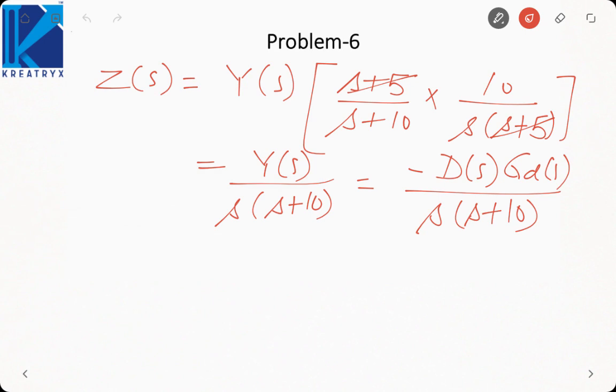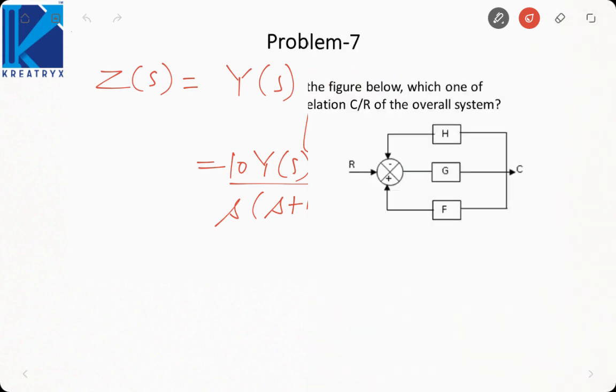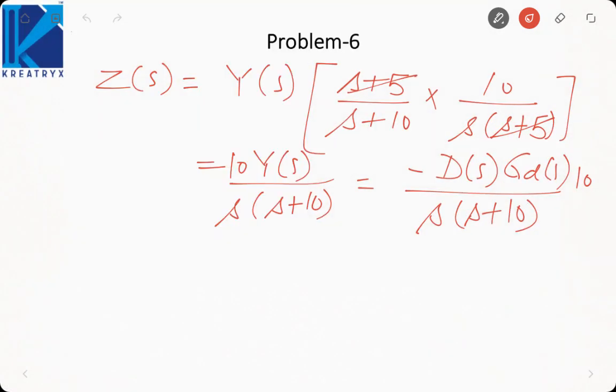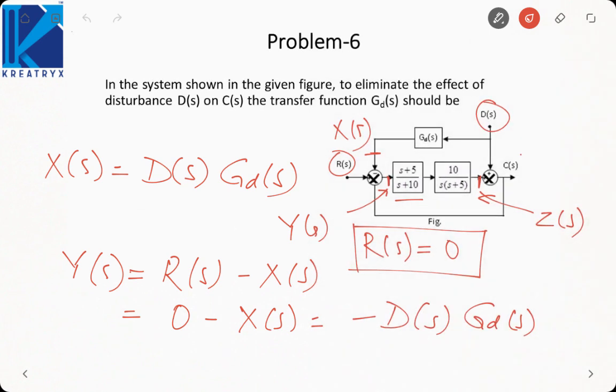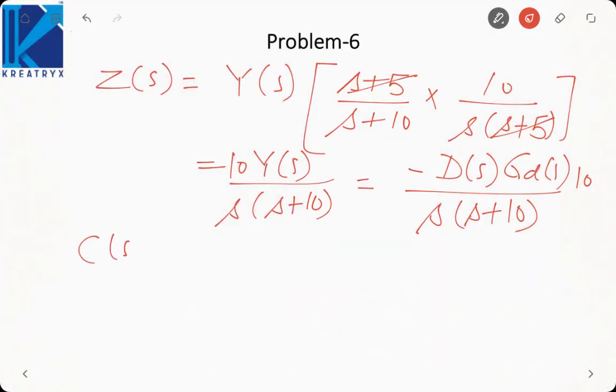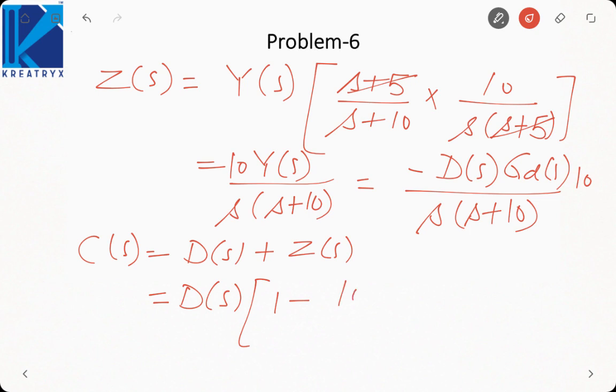Okay, this 10 also would be here. Now if you see, C(s) is basically D(s) plus Z(s), so C(s) is D(s) times 1 minus 10 G_D upon s plus 10.